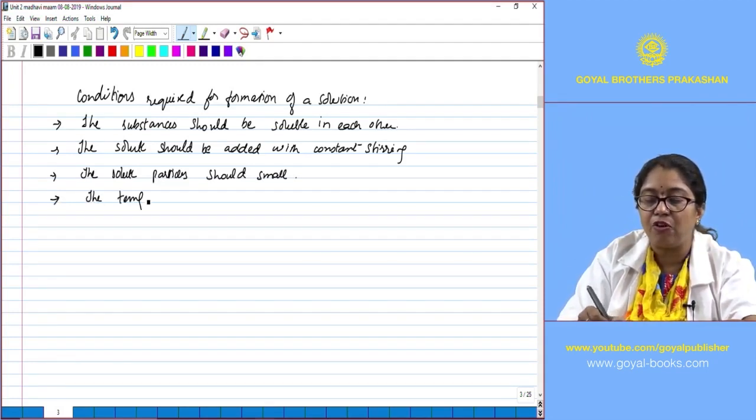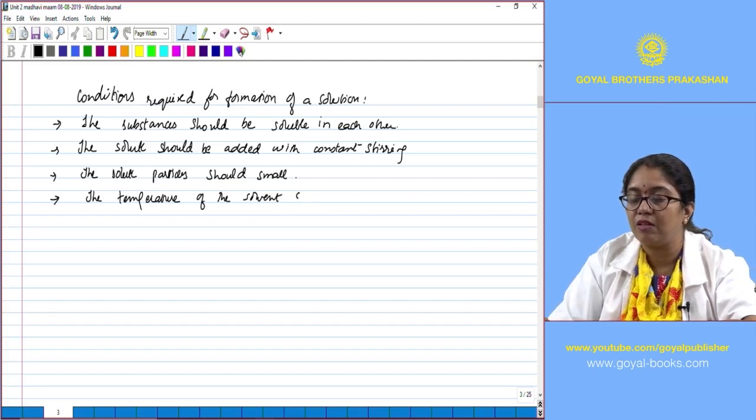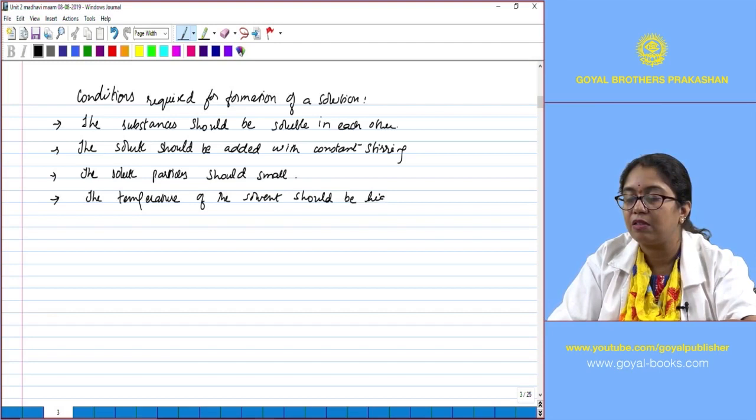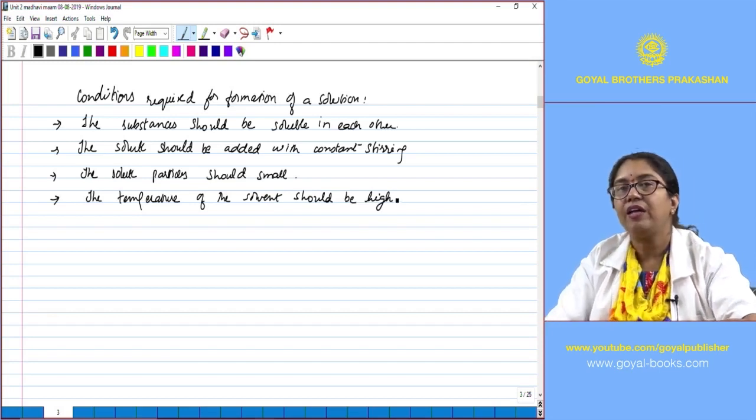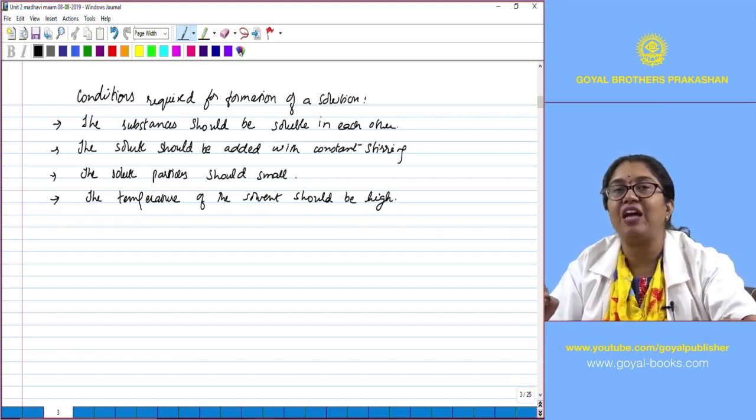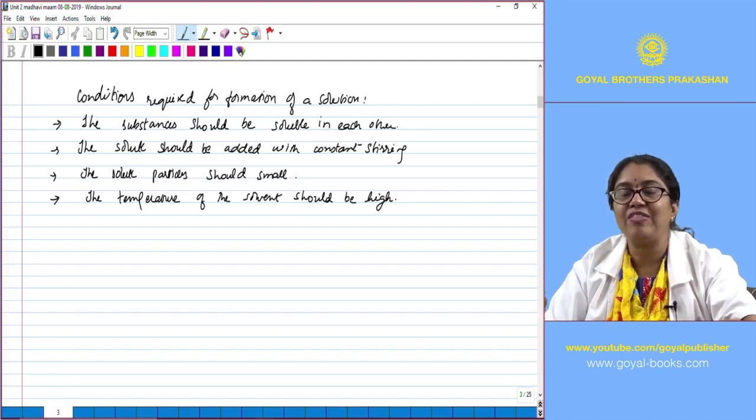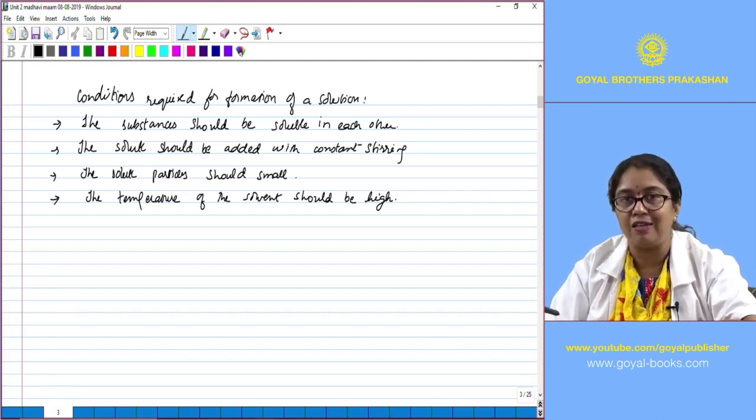And then next, children, is the temperature of the solvent. The temperature of the solvent should be high. This is because when the temperature of the solvent is high, the intermolecular spaces between the solvent molecules will be more, so more amount of the solute can go in.